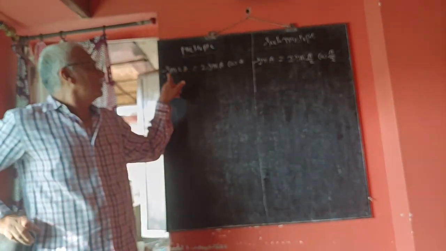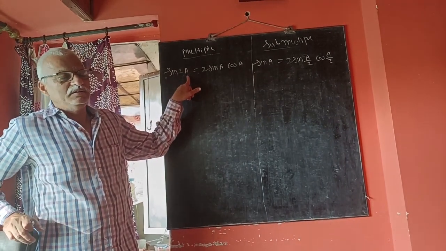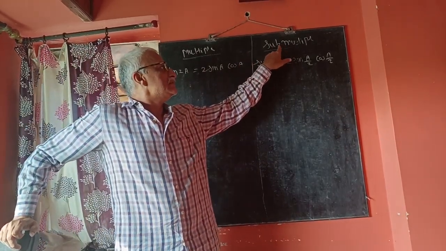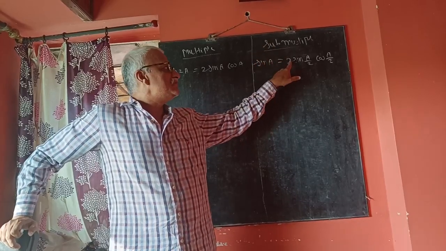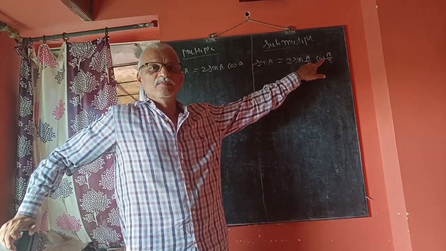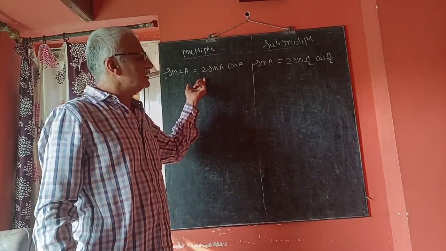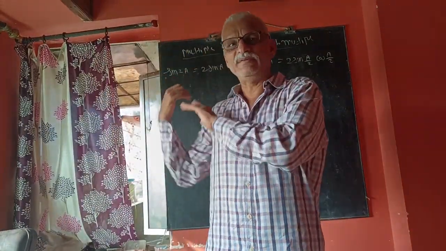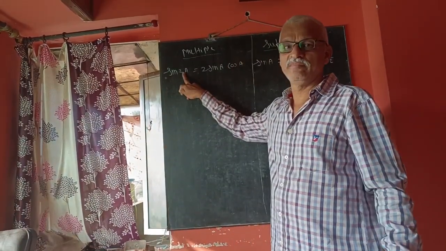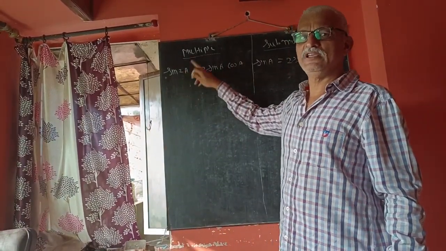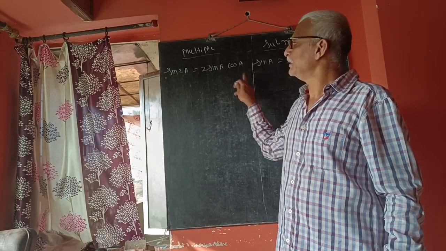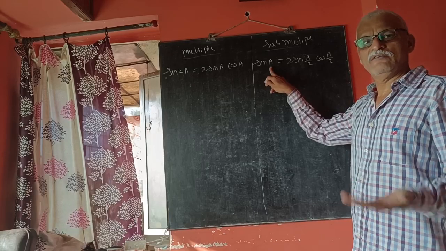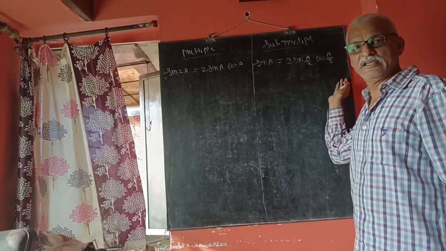The multiple angle formula for sine 2A is 2 sine A cos A, and the submultiple for sine A is 2 sine A by 2 and cos A by 2. So in both cases the concept is the same. Whatever the angle is on the left side, that becomes half on the right side. Here it is 2A, that becomes A. Here it is A, half of A is A by 2 and again A by 2.